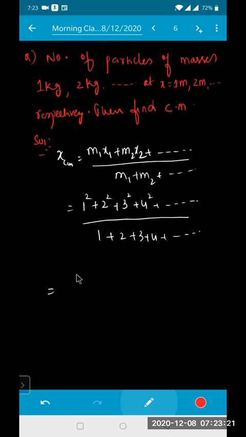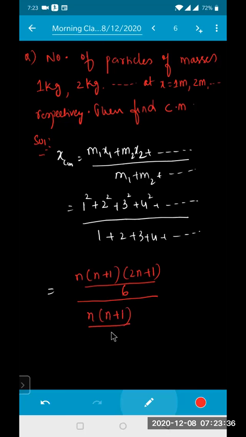The formula for the sum of squares of n natural numbers is n into n plus 1 into 2n plus 1 divided by 6, divided by the sum of n natural numbers, whose formula is n into n plus 1 divided by 2. This is a standard formula, you would have learned it in 10th class.